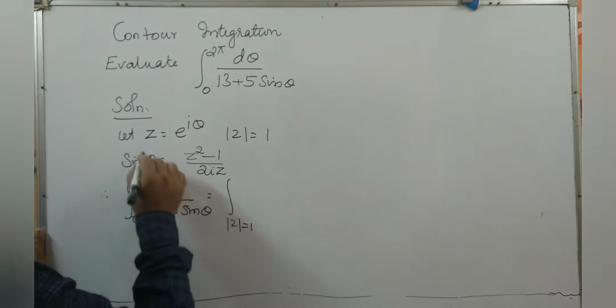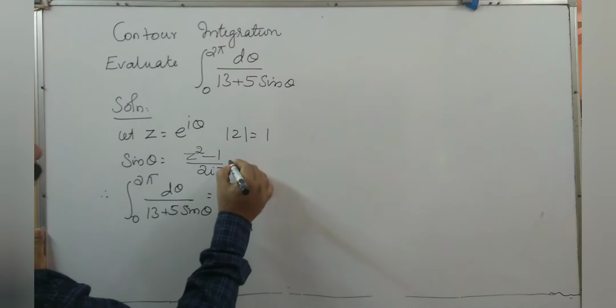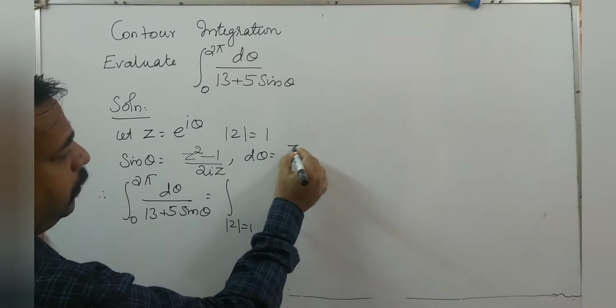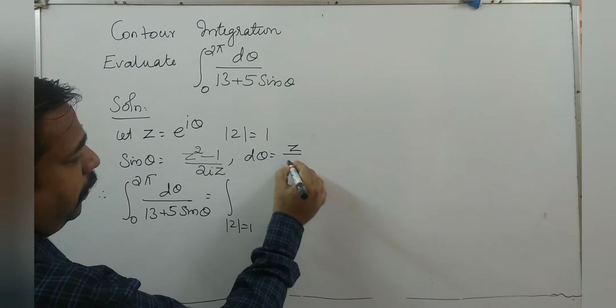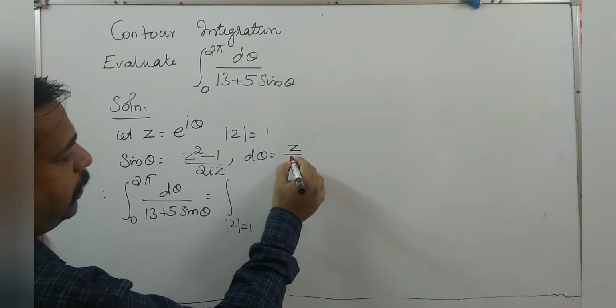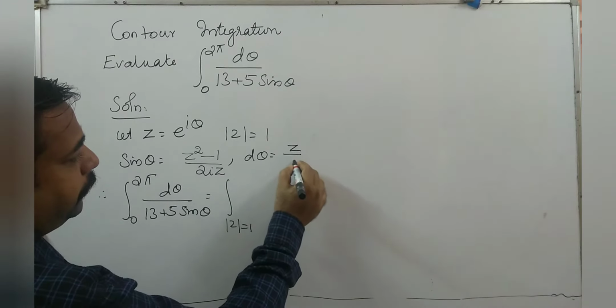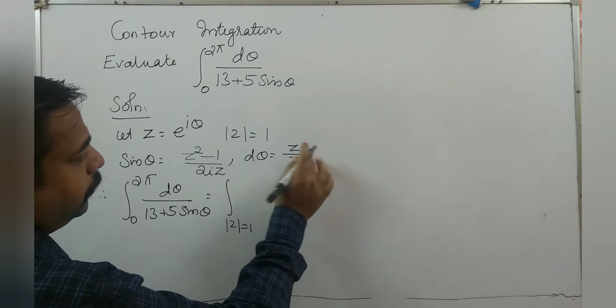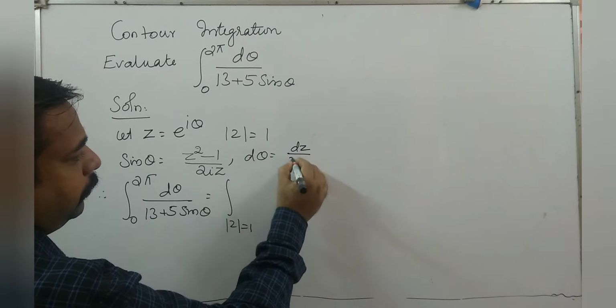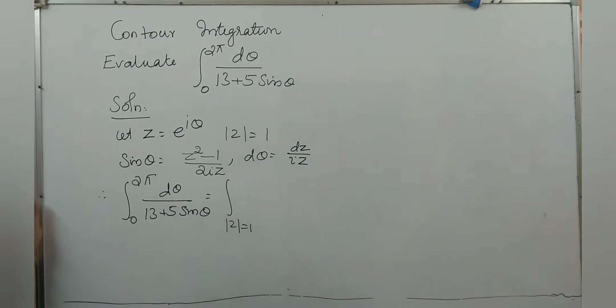What is d theta? d theta is equal to dz by iz.